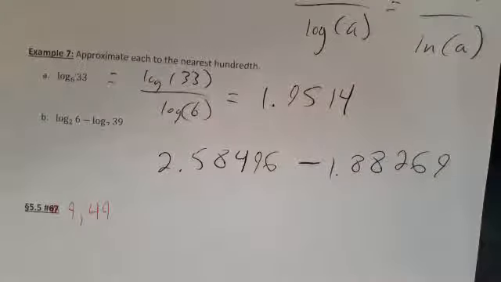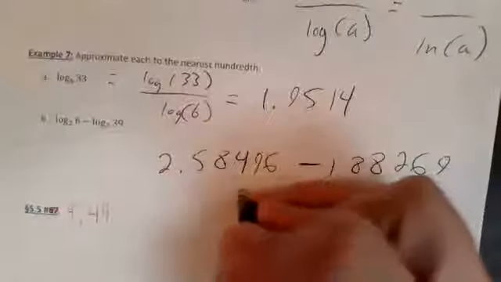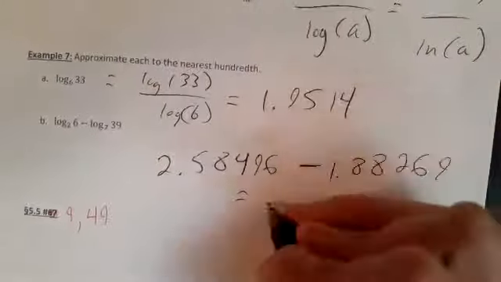And if I do 2.58496 minus 1.88269, it's going to give me about 0.70227.